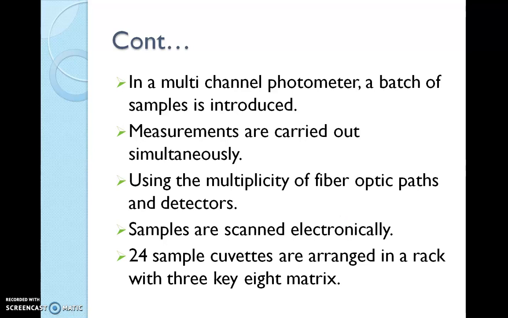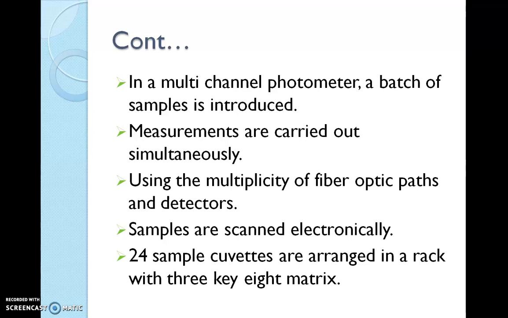In a multi-channel photometer, a batch of samples is introduced. One of the limitations for rapid analysis is the speed at which the samples can be transferred into the light path. Basically, in a conventional instrument one sample at a time goes into a single light path, whereas here a batch of samples is introduced. Measurements are carried out simultaneously using a multiplicity of fiber optic light paths and detectors, as shown in the above diagram.